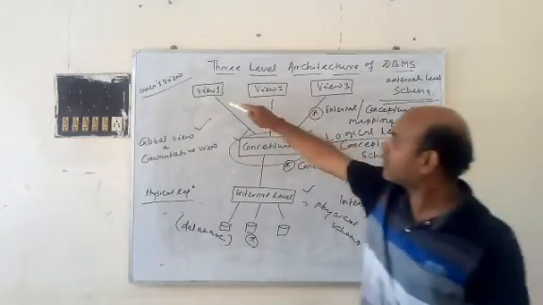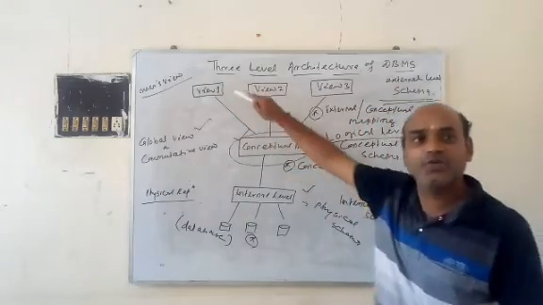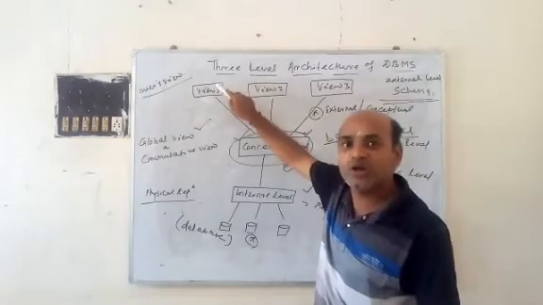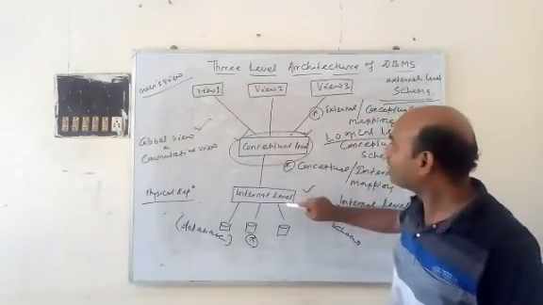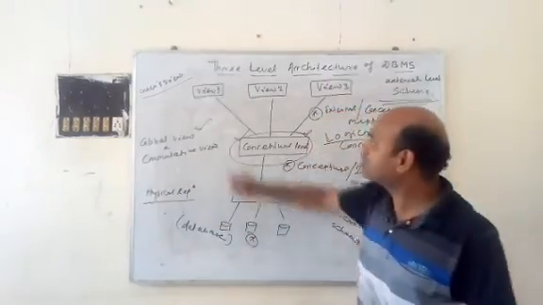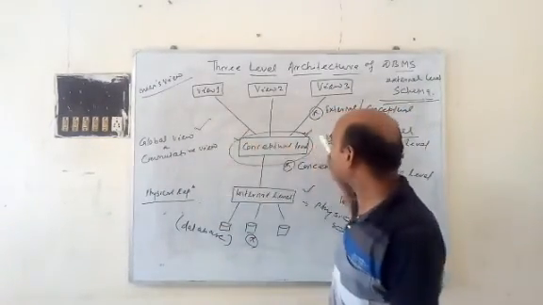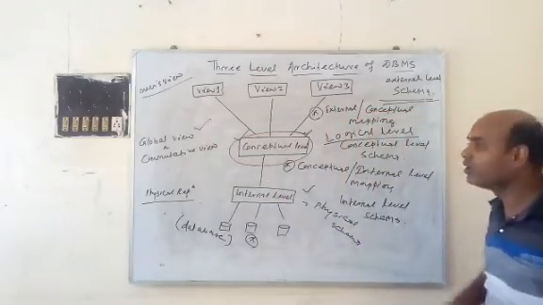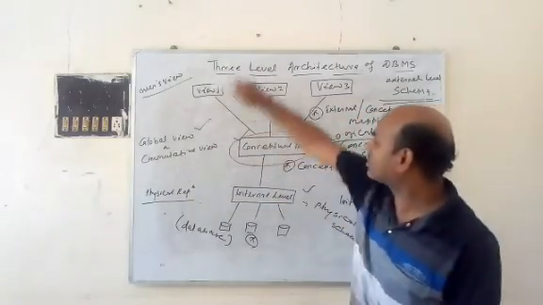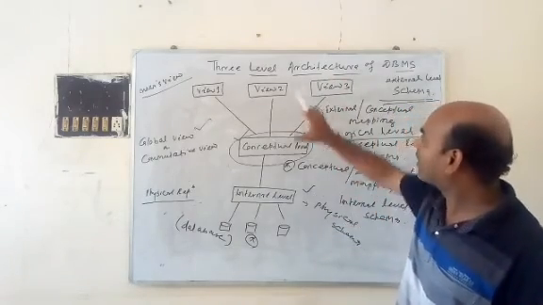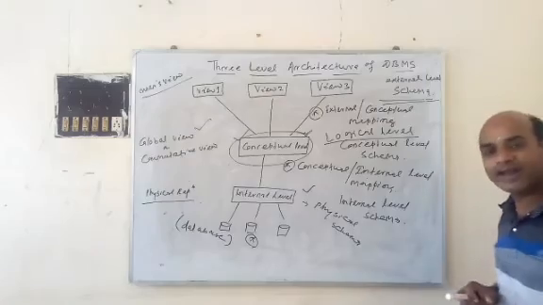In this way, users access values or records from the internal level. There are 3 views. This is the user view, the global view, because the schema working at the conceptual level controls the overall structure of the database management system. Okay. So this is the overall structure of the 3-level architecture of the database management system.